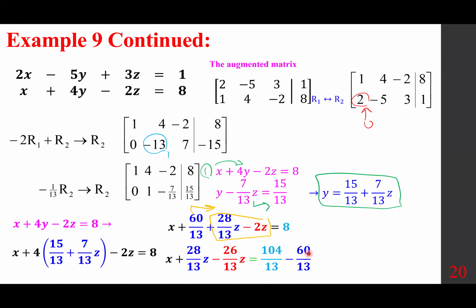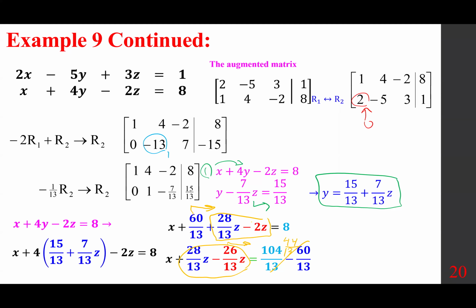Okay. So what happens? These two add up to 44 over 13 because you're going to subtract 60. And these two, 2 over 13z.